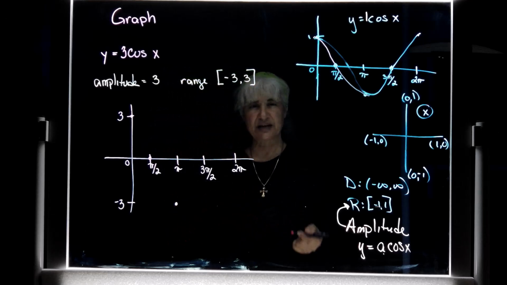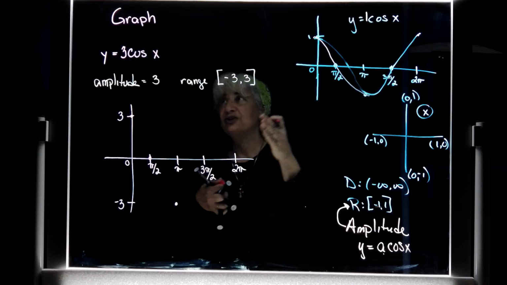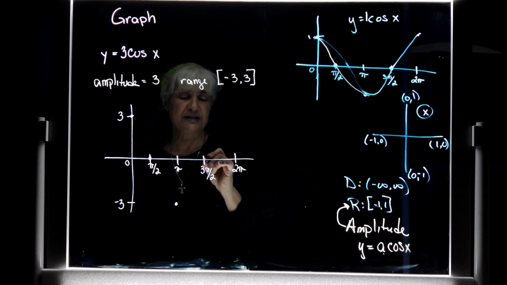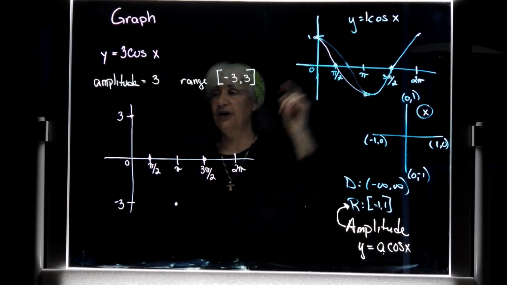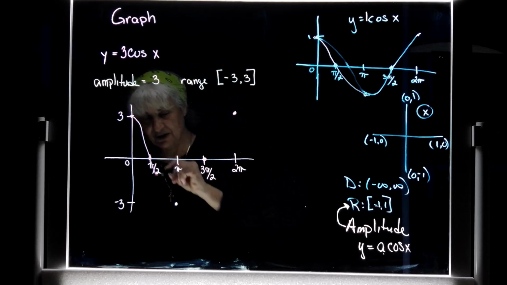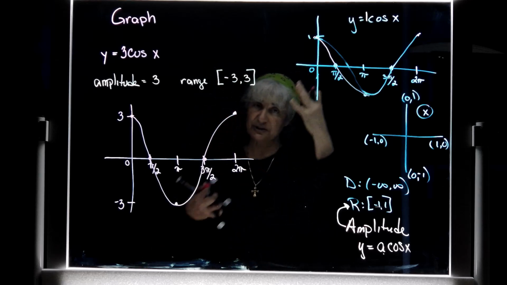See the pattern? See what's happening? It's still the same graph, but every y value is getting multiplied by 3. So still going to get 0, and instead of getting a +1, you'll get a +3. So I still get the graph of cosine, but it's been stretched vertically.